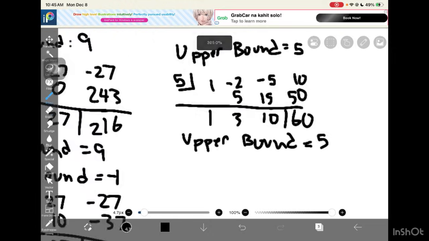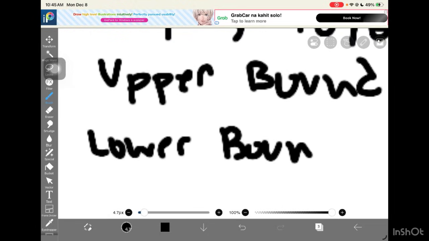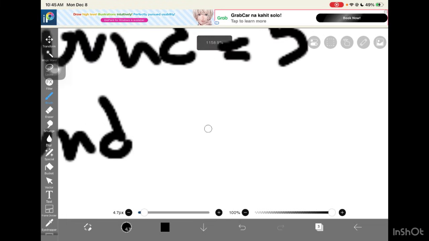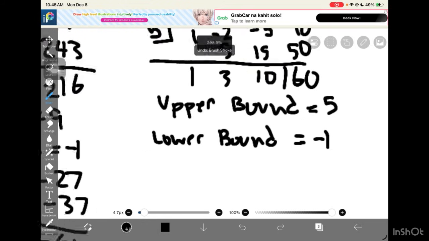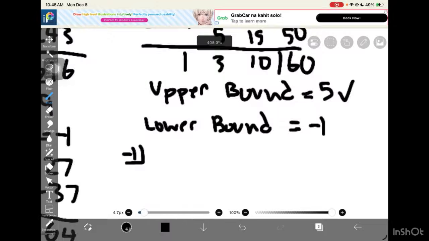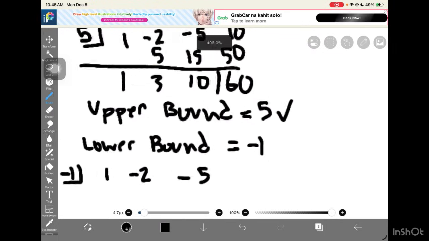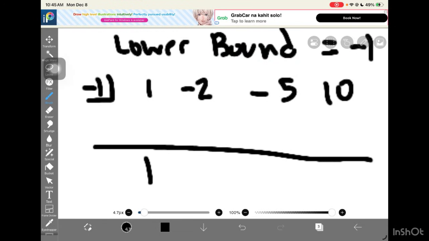Okay. How about lower bound? Lower bound, let's say negative 1 again. Let's try to eliminate all the negative. Okay. So negative 1. This is 1, negative 2, negative 5, 10. So 1 times negative 1 is negative 1.